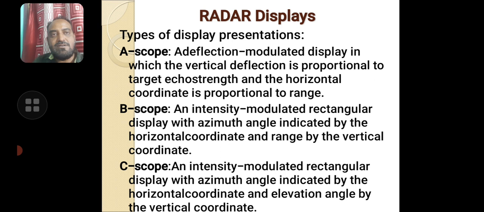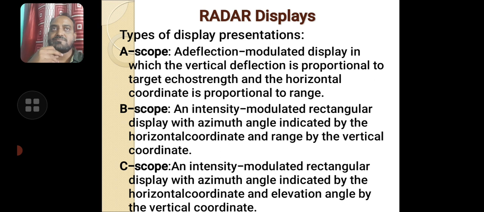Different types of displays that are present are as follows. A-scope is a deflection modulated display in which the vertical deflection, the height of the pulse, is proportional to target echo strength and the horizontal coordinate displays the range.